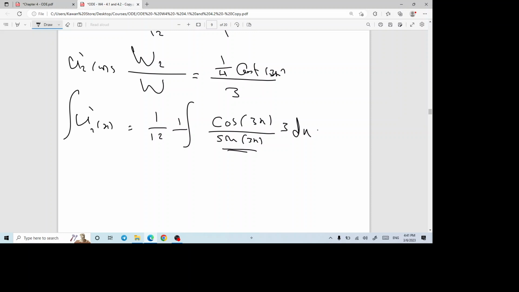So I'm going to put the 3 here to balance it, right? So the derivative of the denominator exists. Which method should we follow? Ln, of course. Ln of sine 3x, with a 3 put here. Am I right? Why 3 sine 3x? Clear? Any question?